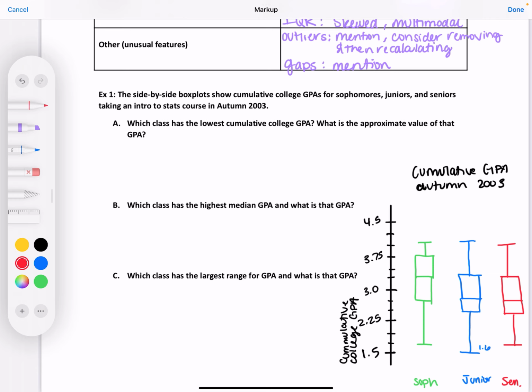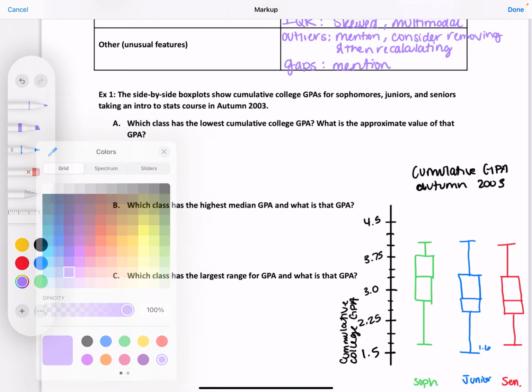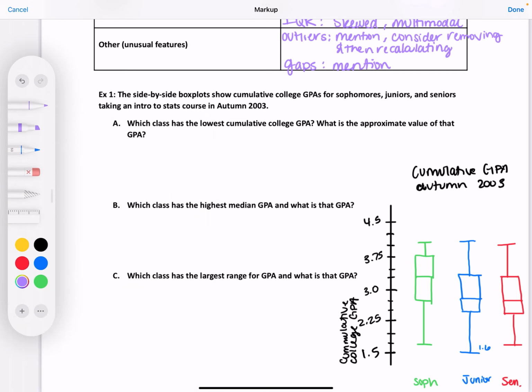Did y'all get it? I get it. It's fine. All right, so which class has the lowest cumulative college GPA, and what is the approximate value of that GPA?